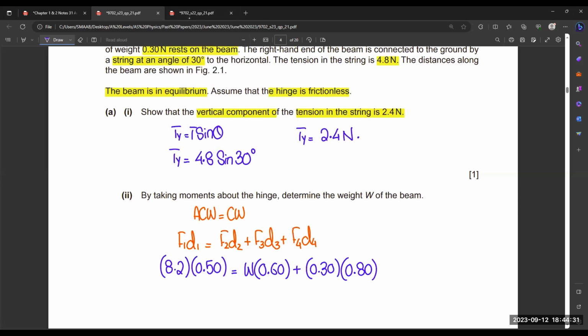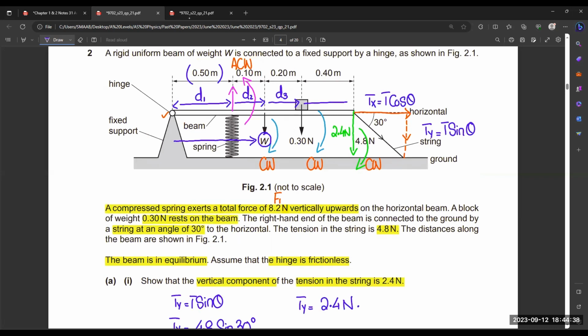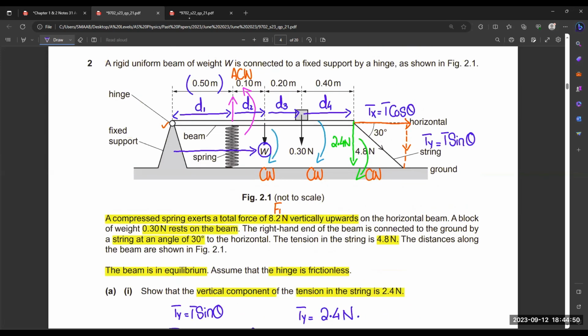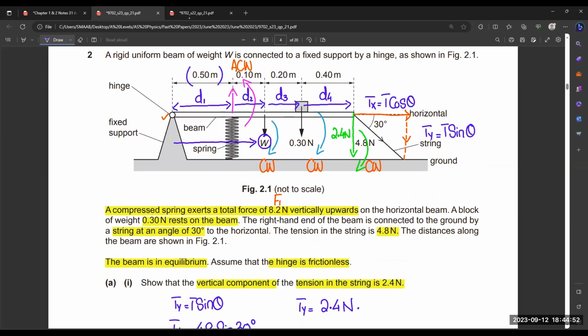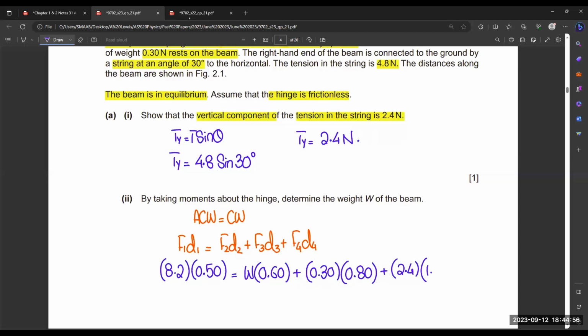And the final force will be 2.4. This will be D4. So 2.4, 0.80 plus 0.40, that will be equal to 1.20, right? Got it?